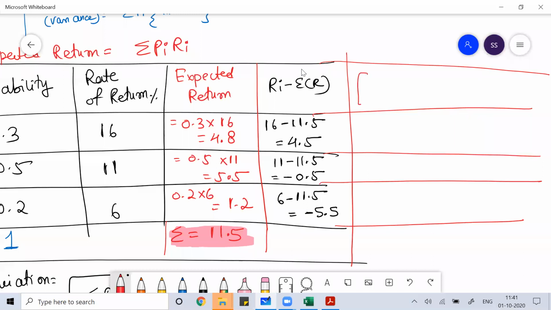Then do the square of that. 4.5 square is 20.25. Then 0.5 square is 0.25, and 5.5 square is 30.25.